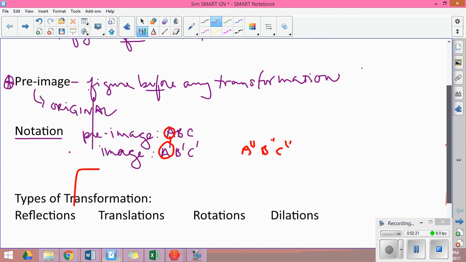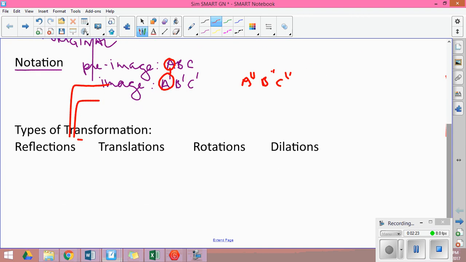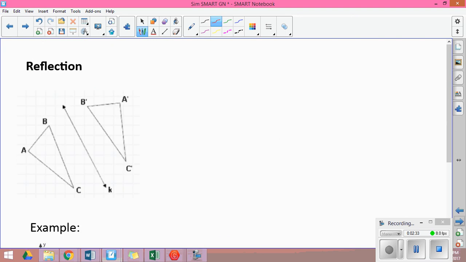Now, what kinds of transformations do we have? We have reflections, translations, rotations, and dilations, and we'll talk about each of these during this unit. So a reflection is one of our most basic kinds of transformations. We talk about it as a flip.